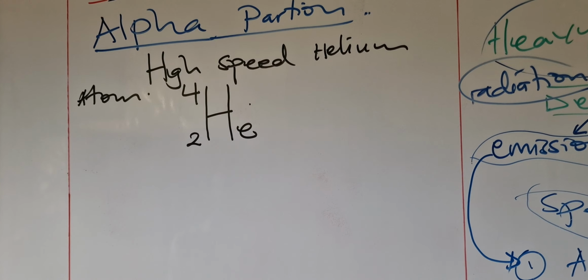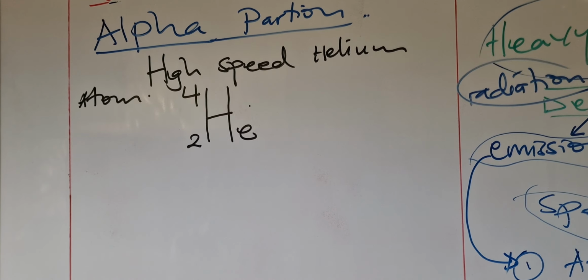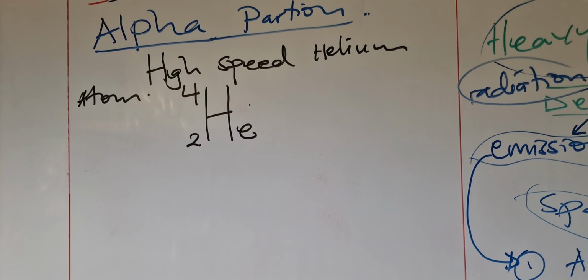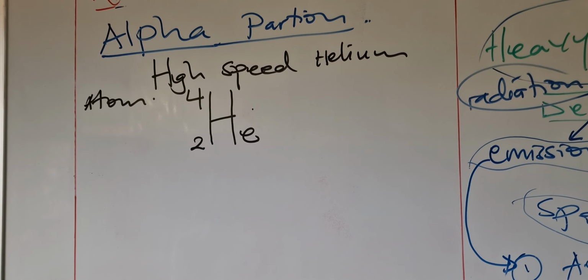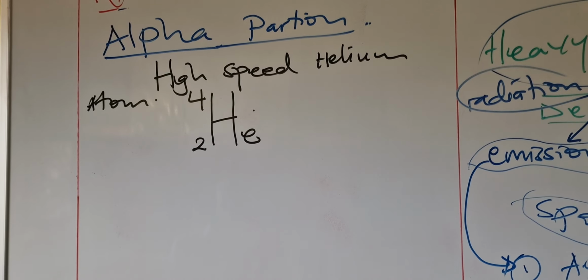When I say emitting a helium atom, I mean that the mass number of that mother nucleus will always reduce by 4, and the atomic number of that mother nucleus will always reduce by 2.